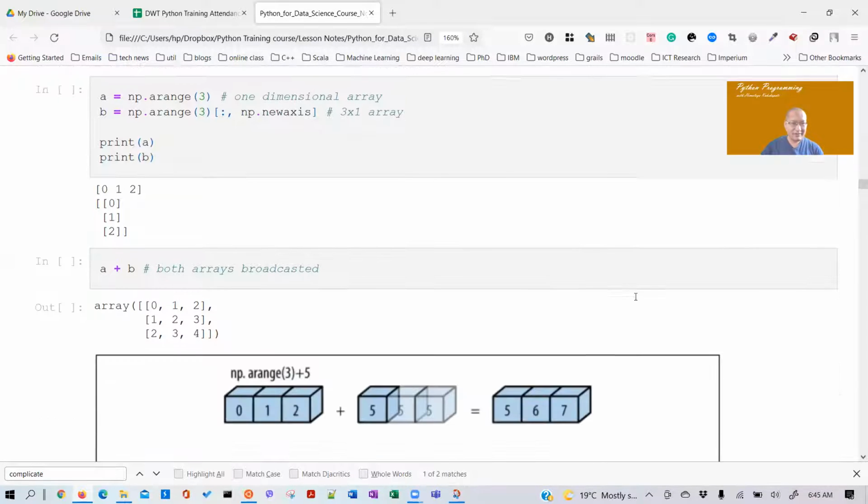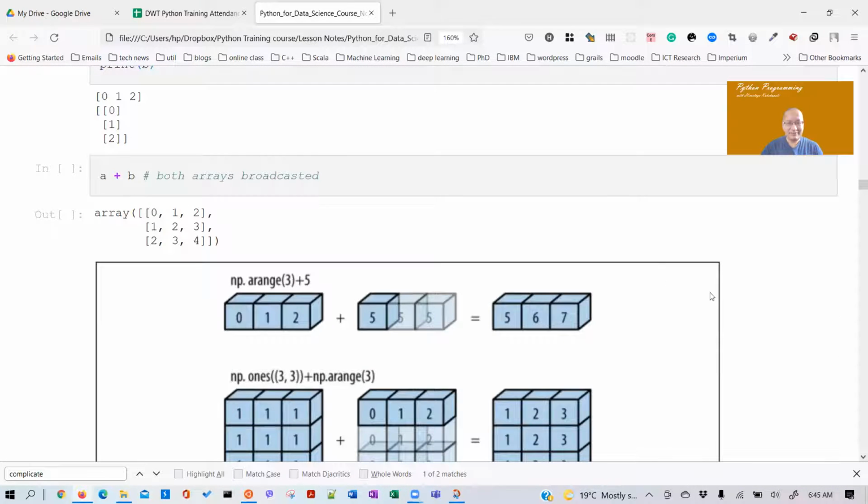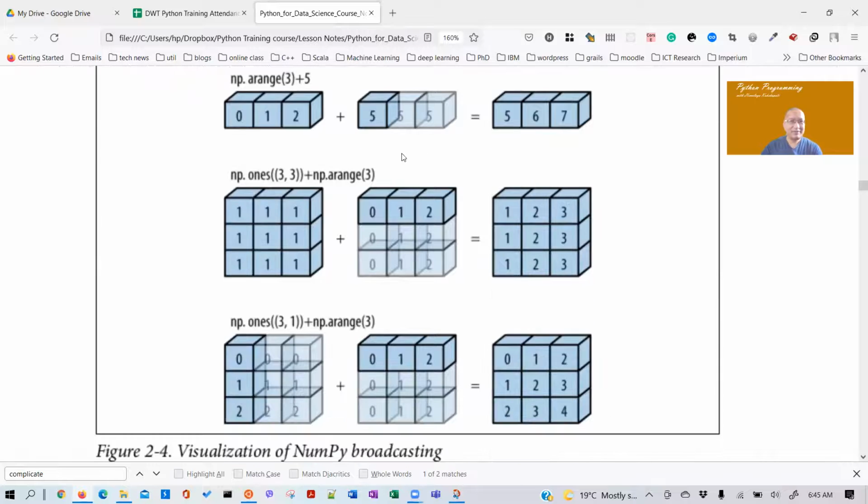You can see the same thing pictorially. Here we are adding a scalar 5 to an array. You can think of it this way.